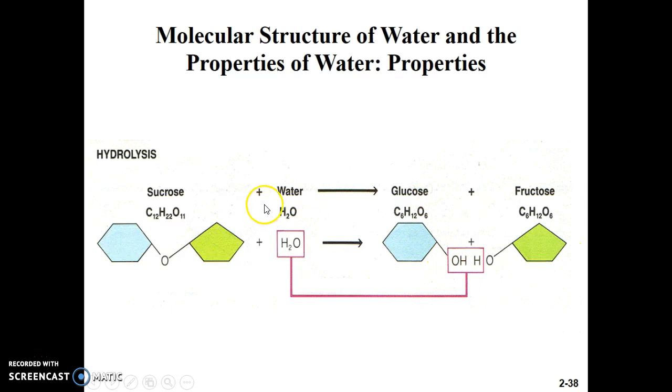And so what happens is water, H2O, enters and a hydrogen ion binds to the oxygen here and a hydroxide ion binds over here, and you produce the two, what we call monomers. So monomers make up the dimers, okay?